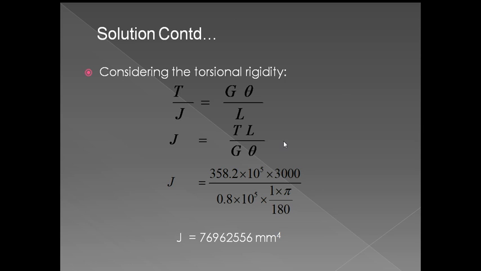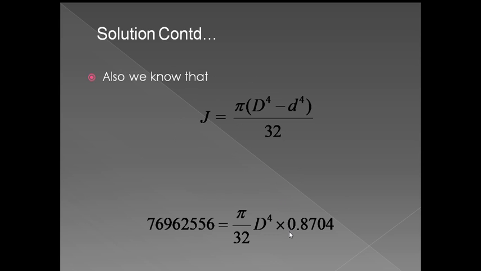All this should be in mm. So J equal to 76962556 mm to the power 4. By solving this equation, we get the J value. Already we know that J for a hollow shaft equals pi into (outer diameter power 4 minus inner diameter power 4) by 32.